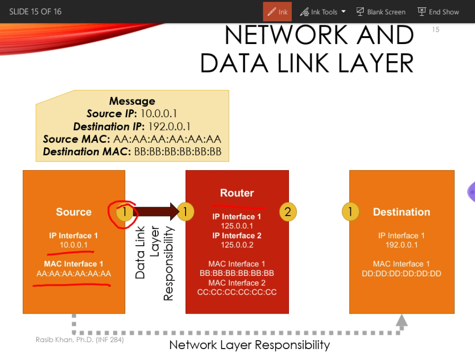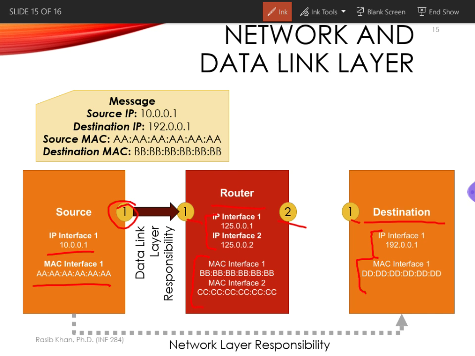The router has two interfaces, 1 and 2, with two IP addresses and also two MAC addresses for these two interfaces. And finally, we have a destination which has only one interface, so there is an IP address and a physical MAC address allocated to it.